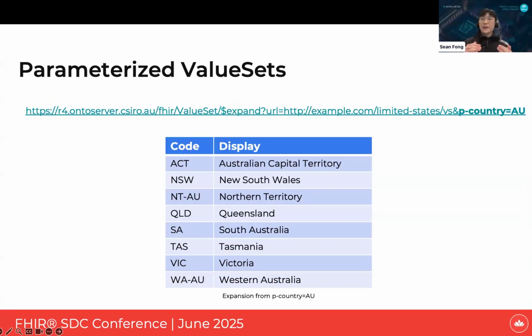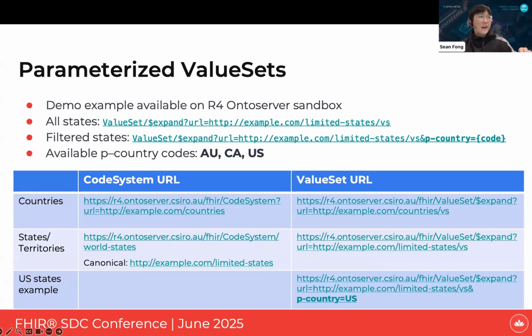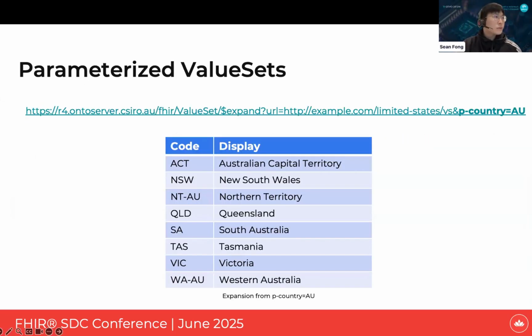Yeah, because the only available codes that I have included in this demo is AU, CA, and US, so it doesn't work for everything. You kind of need to build a value set and a code system that includes everything if you want to include everything. But this is just a demo. So yeah, cool. That's great.